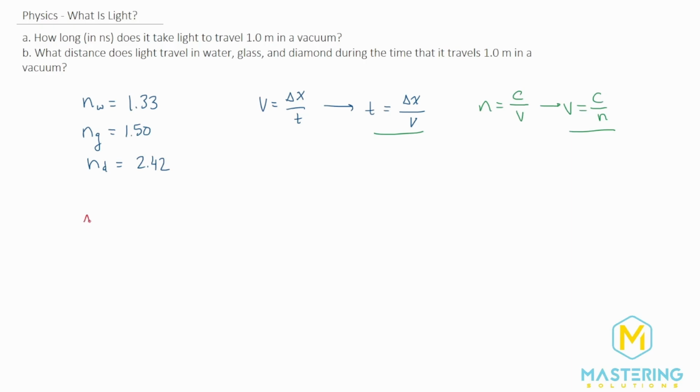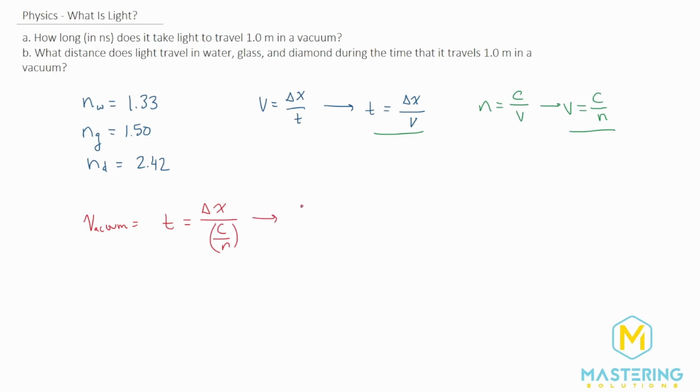For part A, in a vacuum, the time is going to be equal to the change in the distance over the velocity, but we're going to plug this equation in for the velocity down here. So that's going to be c divided by n. Now, since we're in a vacuum, of course, the n is going to be 1, meaning that the speed of light is the speed in a vacuum.